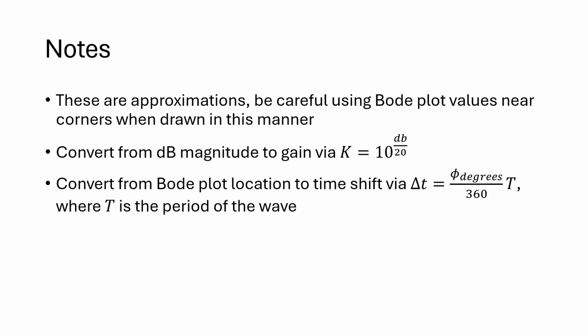So if you're somewhat close to a corner, or if you have many corners, because you've got a whole bunch of different zeros and poles, it probably wouldn't be recommended to use a hand-drawn Bode plot. But for our case, in our example, I've structured the question such that it'll be okay.